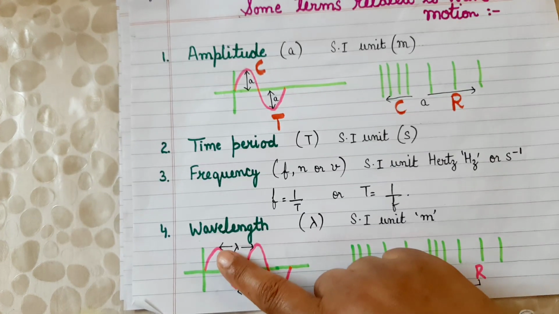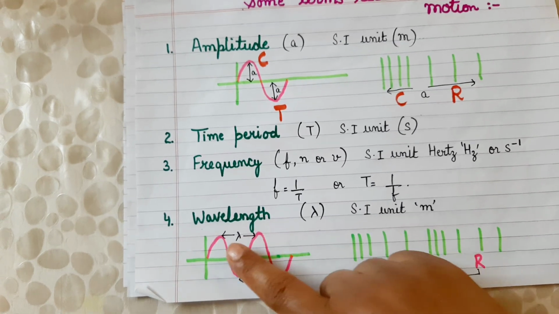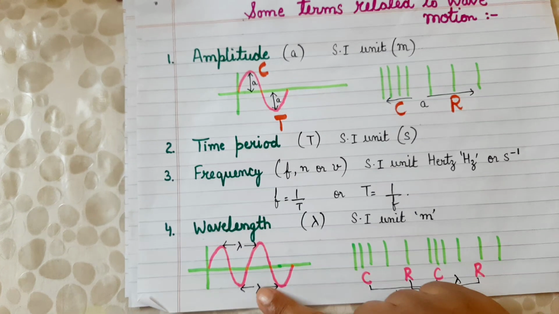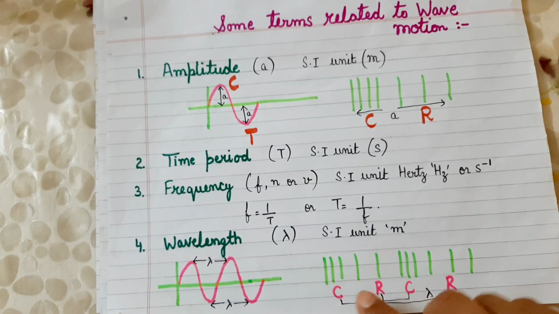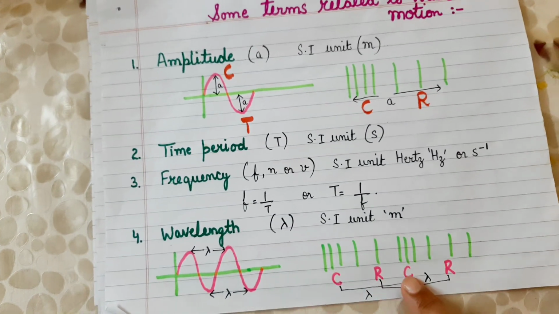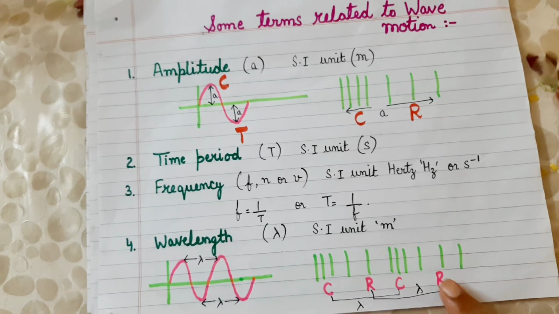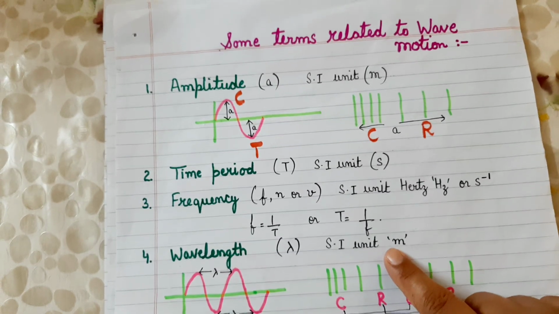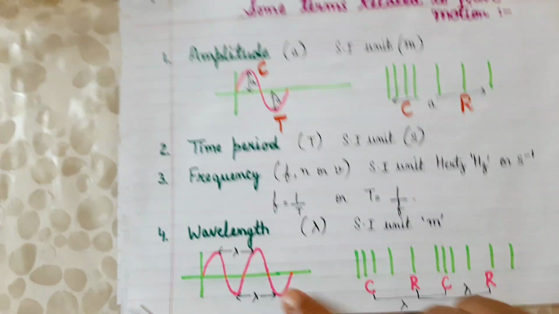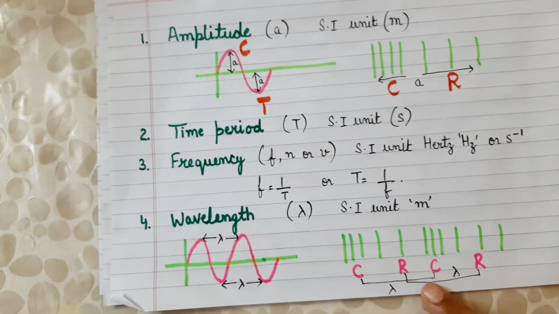You can see consecutive means one after the other. Distance between two consecutive crests or troughs is known as wavelength, or for a longitudinal wave, it is the distance between two consecutive compressions or two consecutive rarefactions. Okay, children, and the unit is meters denoted by lambda. You can see I have labeled it in the diagram also.